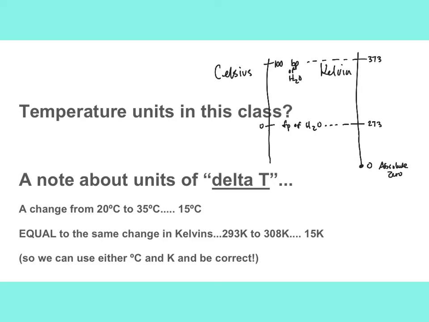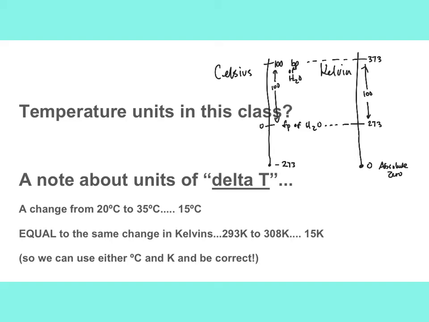That lowest temperature in Celsius would be negative 273. The interesting thing about these, though, is because there are 100 units between the boiling point and freezing point in each scale, the size of a degree is the same.